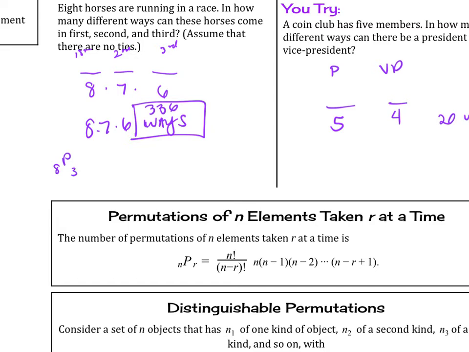So we plug it in: 8 factorial over 8 minus 3 factorial. So this is 8 factorial over 5 factorial. So 8 times 7 times 6 times 5 factorial over 5 factorial. And so we get the exact same thing, right? I know in this case it's probably faster to do 8 times 7 times 6, but there are going to be occasions where we're not going to want to do that.